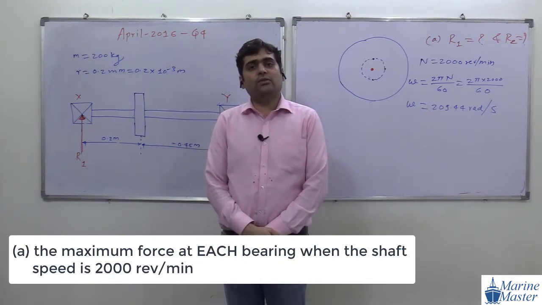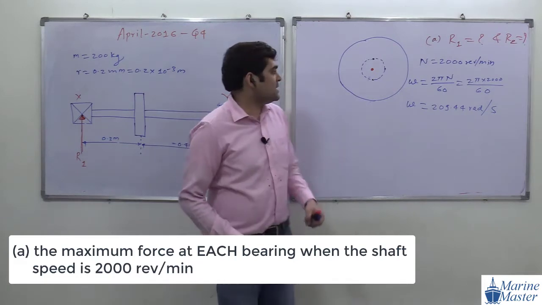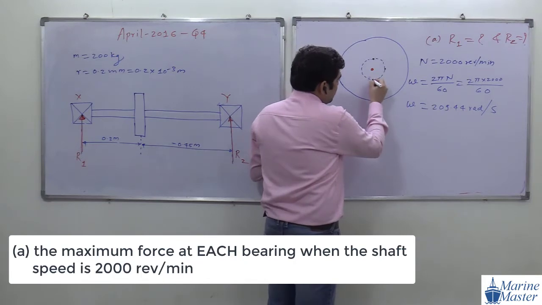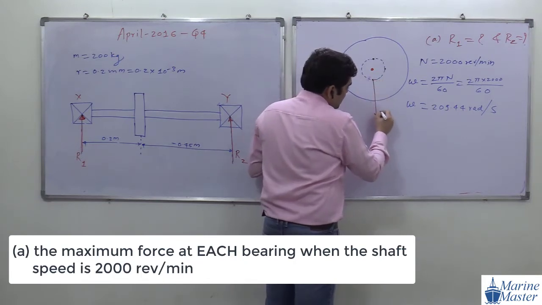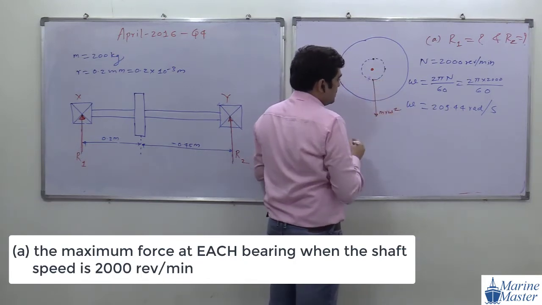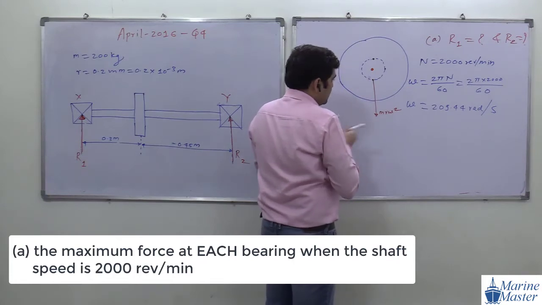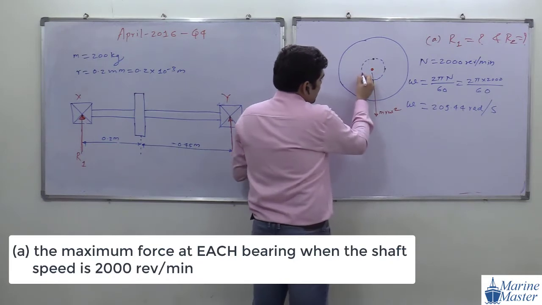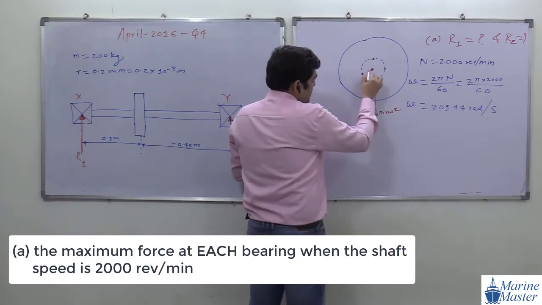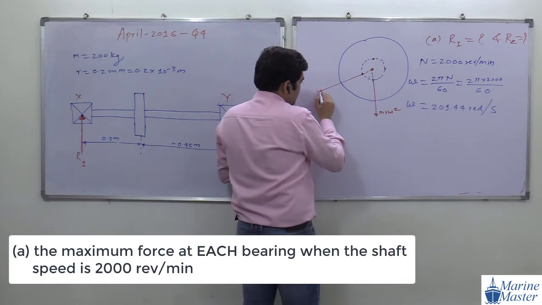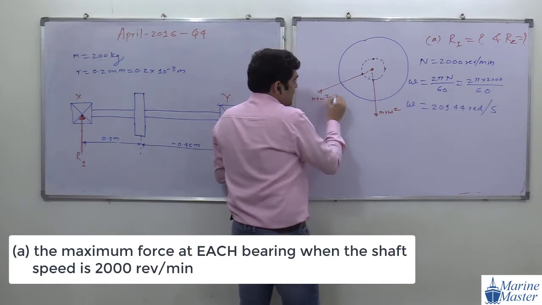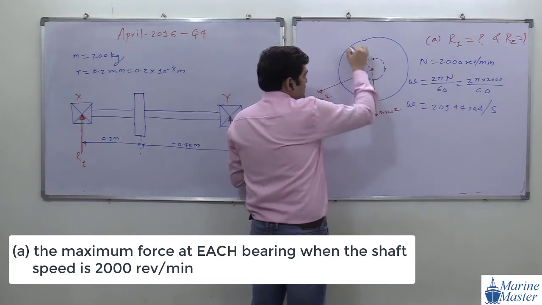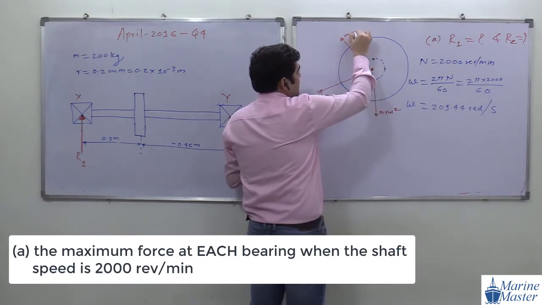If our center of gravity is at this location, centrifugal force acts radially outward, like this, mr omega square. If the point is at this other location, it is again radially outward, mr omega square.